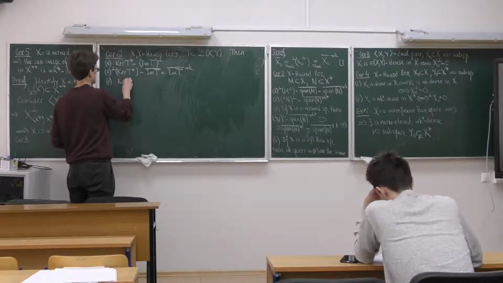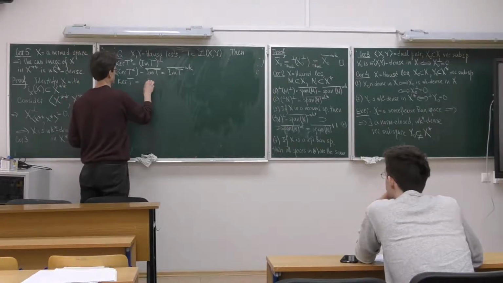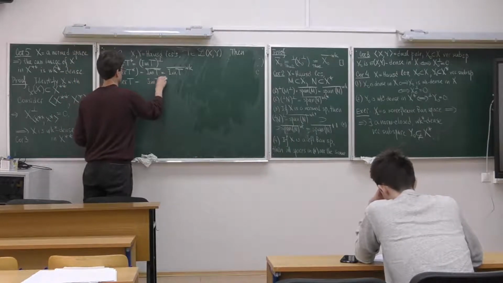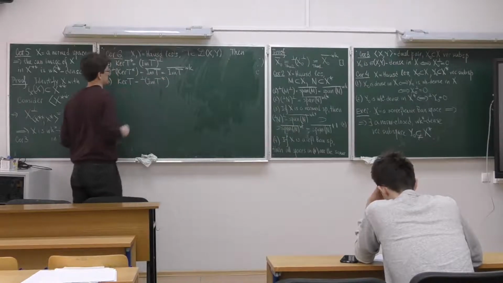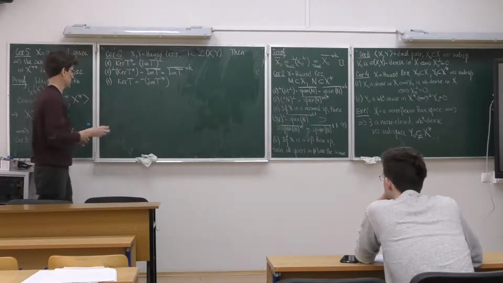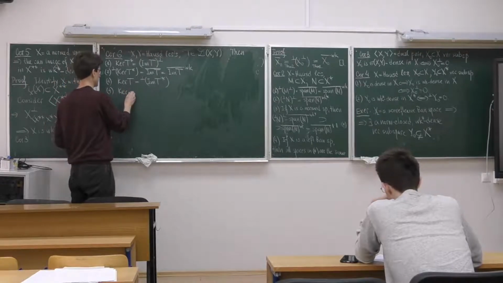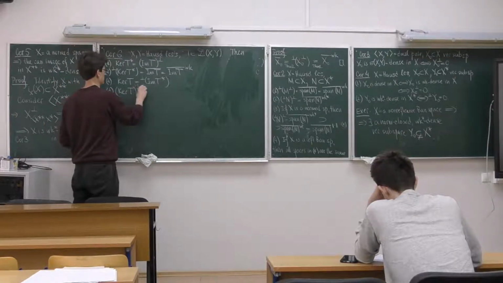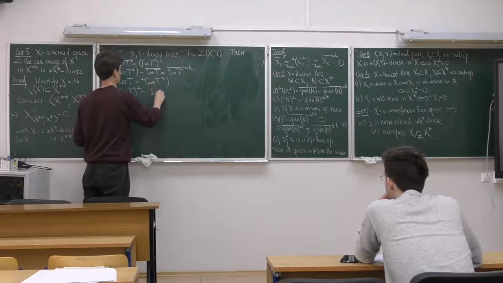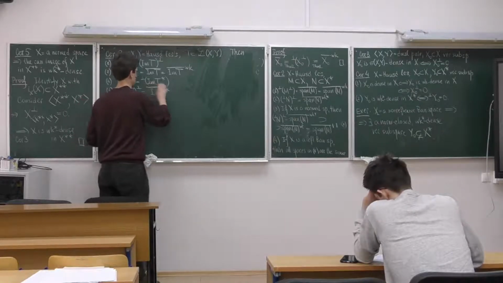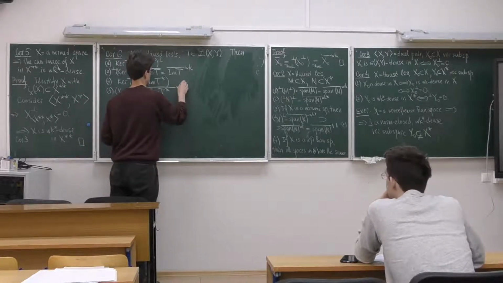So the kernel of T is equal to the pre-annihilator of the image of T star. And finally, the annihilator of the kernel of T is equal to the weak star closure of the image of T star.